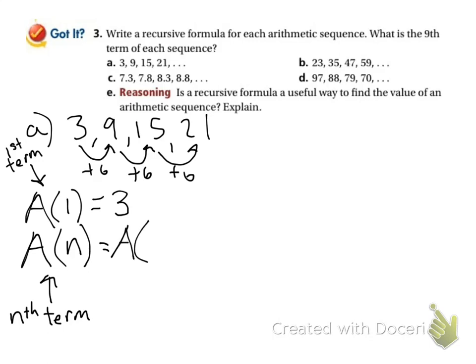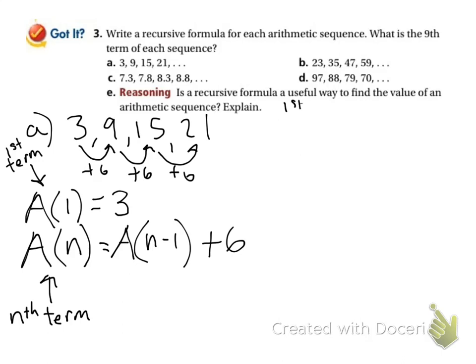So I'm going to do A of n minus 1. This is the term that comes right before it. So it'd be A of n minus 1, then A of n, then A of n plus 1, A of n plus 2. And then we take our previous term. How did we get from 3 to 9? I added 6. And how did I get from 9 to 15? I added 6. So you take the previous term and you add 6. So here's what our generic equation would look like.